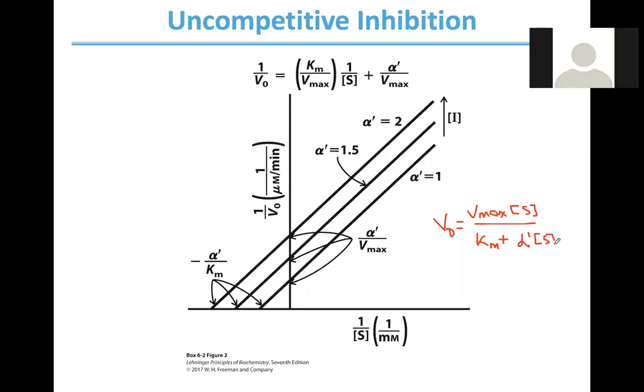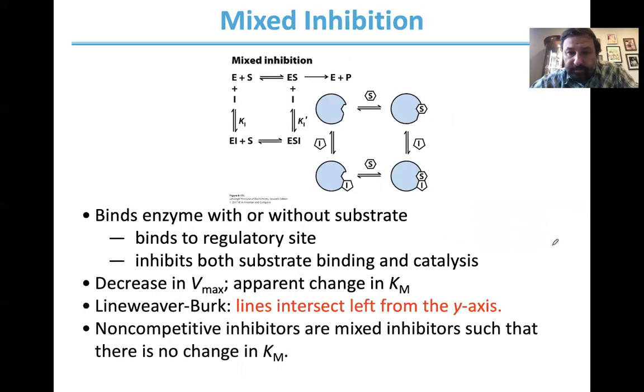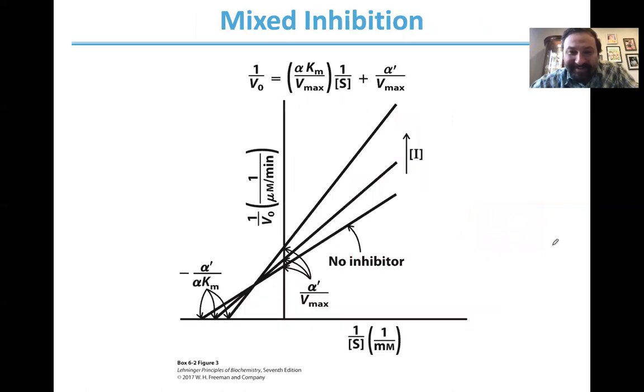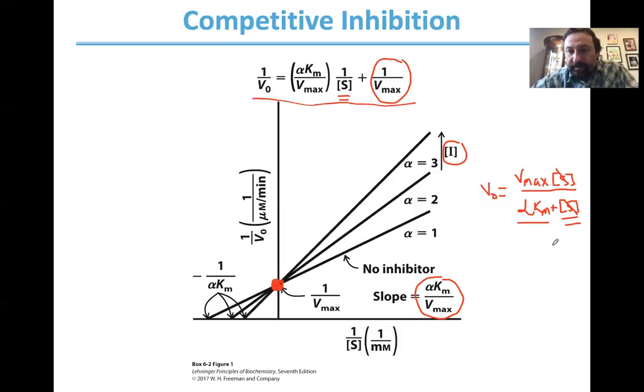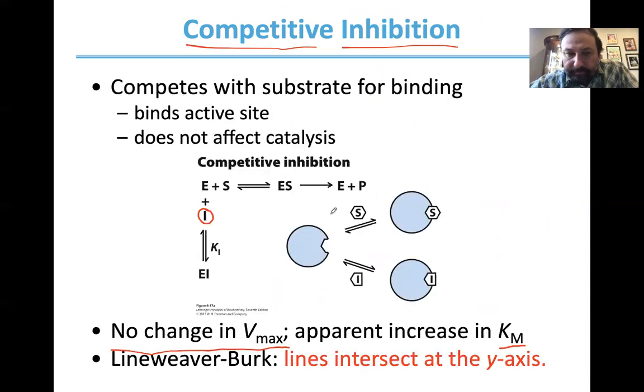Professor? Yeah. Not to really jump back, but could you talk about where alpha comes from? So again, alpha, yeah, we are going to be jumping back. So I mentioned to you that when the inhibitor competes with the substrate for the active site, right?